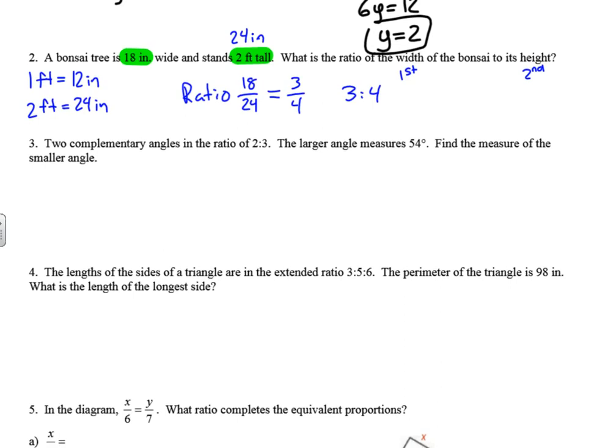Question 3, 2 complementary angles in the ratio of 2 to 3. When you see complementary, remember the C is like 90. That's our little tool to help us remember. The larger angle measures 54 degrees. Find the measure of the smaller angle.